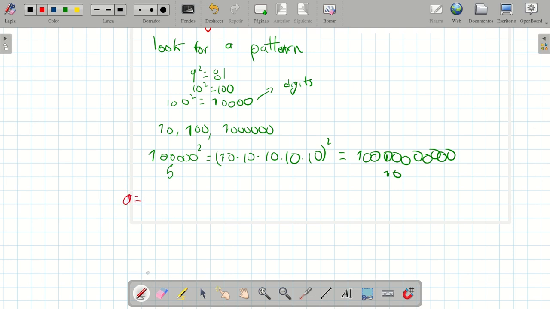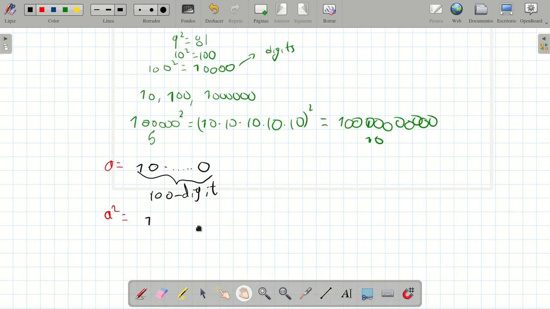So with that idea, let's try something. Suppose that A is this number, 1 0 0 0 0, a 100-digit number, and if we square this number, it will be 1 followed by the same quantity of zeros, which are 99, and we need to add the other quantity of zeros, also 99.